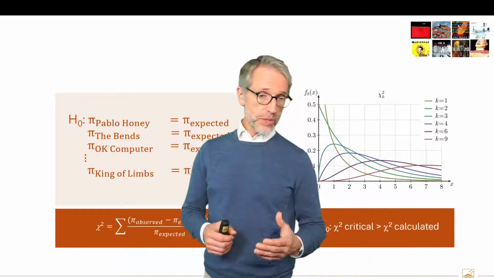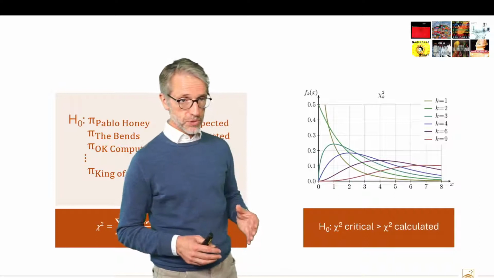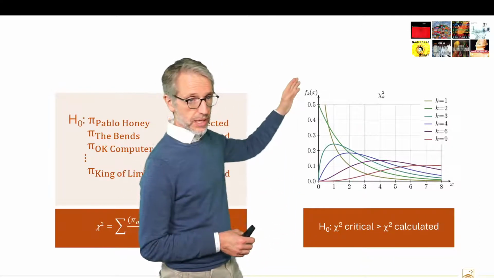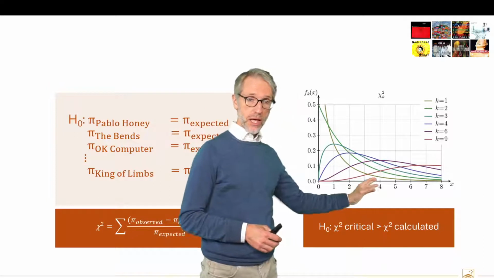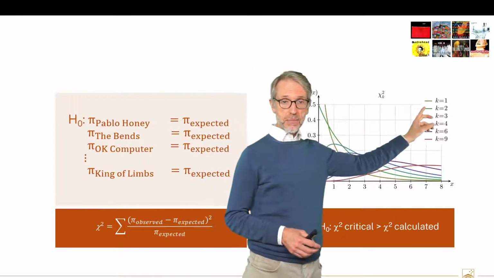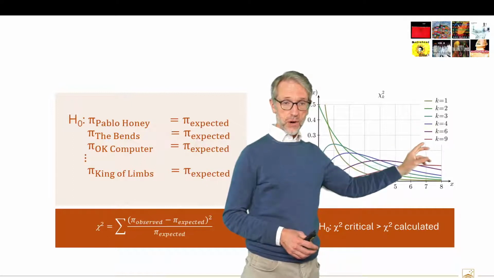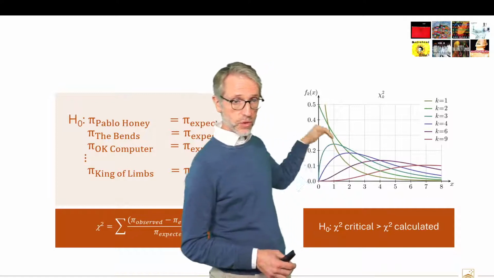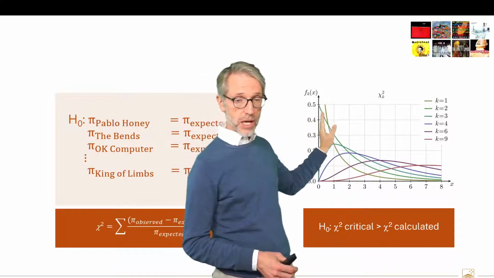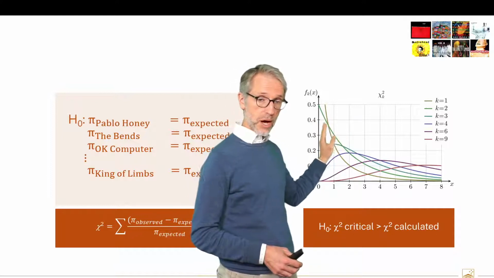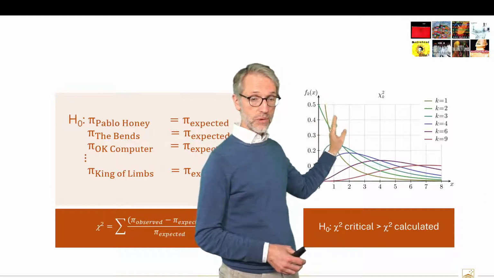Again, let's also remember the shape of the distribution that we're working with that I mentioned in the lecture earlier. That is, the chi-square distribution changes its shape depending upon the number of categories we're analysing. You can see with a very small number of categories, we expect there to be a large number of outcomes where the chi-square values are very small.